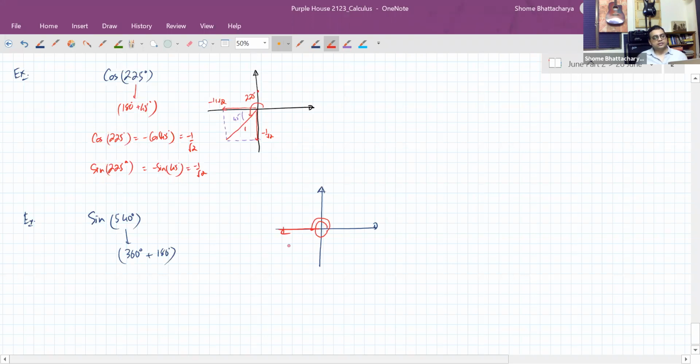So sine of 540 will be the same as sine of 180, which is 0. Whereas cos of 540 will be the same as cos of 180, which is basically minus 1. Because cos is the x component, which will be minus 1, and sine is the y component, which will be 0.